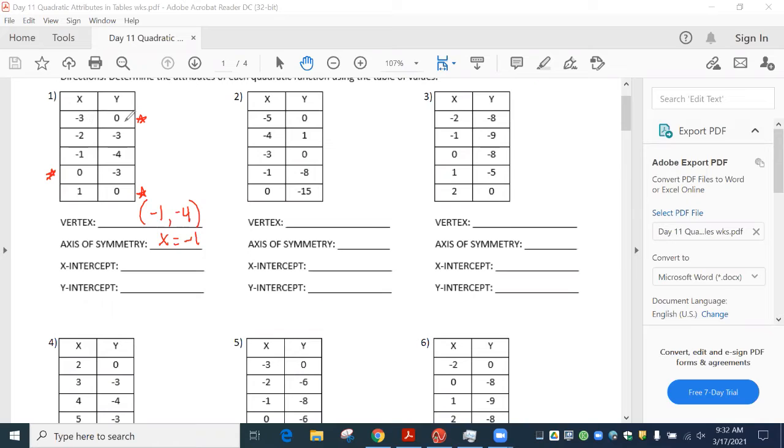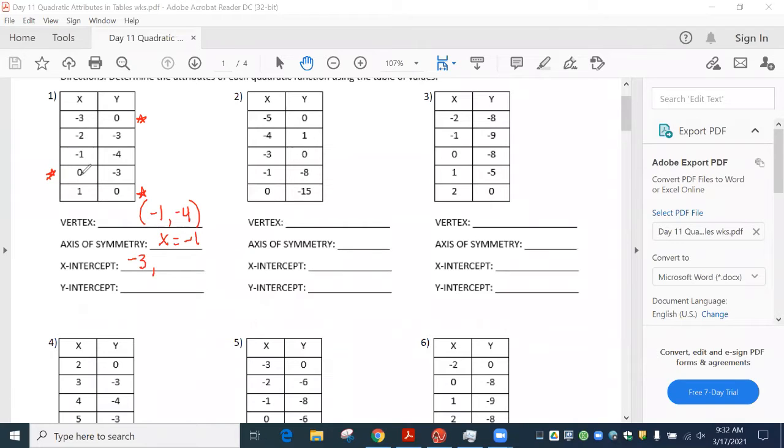So other than 0, here's the number, -3. Is it under X or Y? It's under the X's, right? So that's an X-intercept. So -3 is an X-intercept.